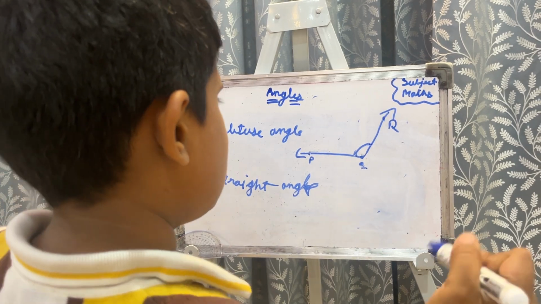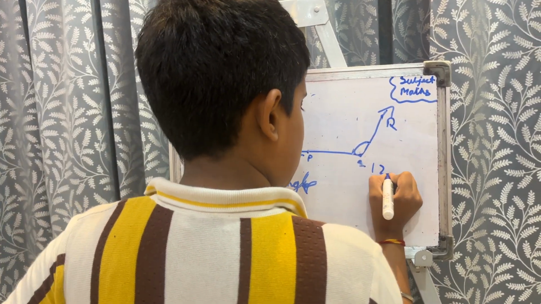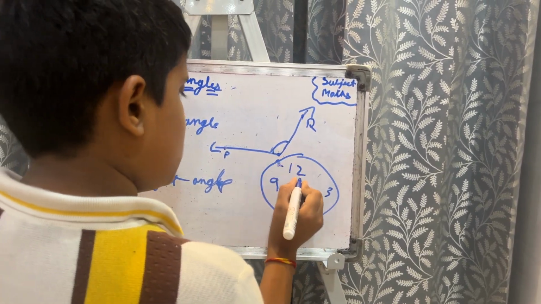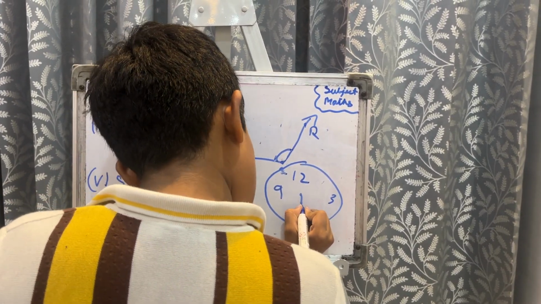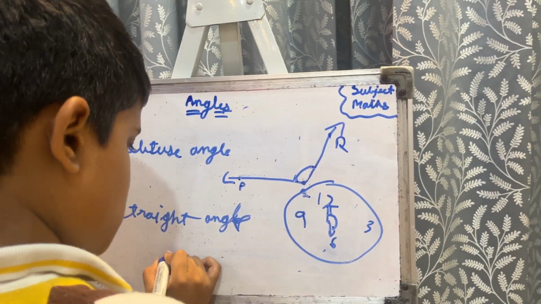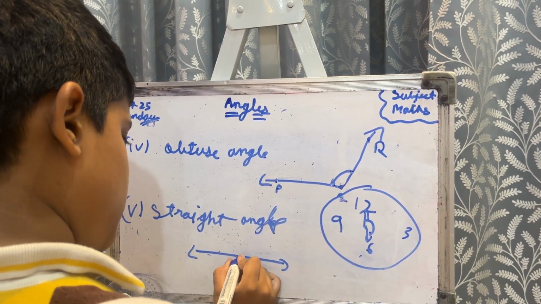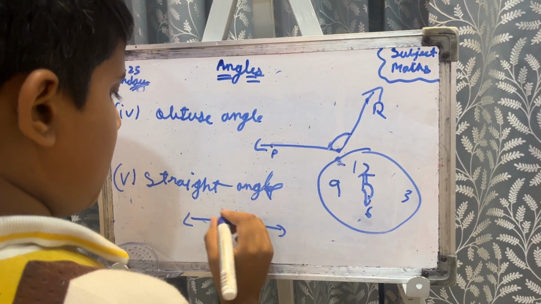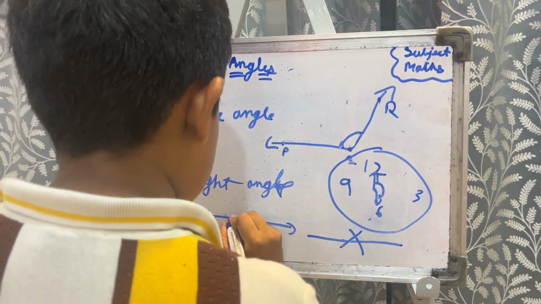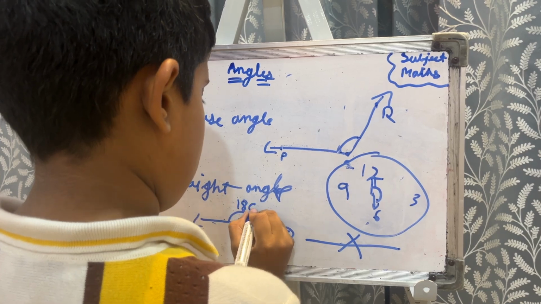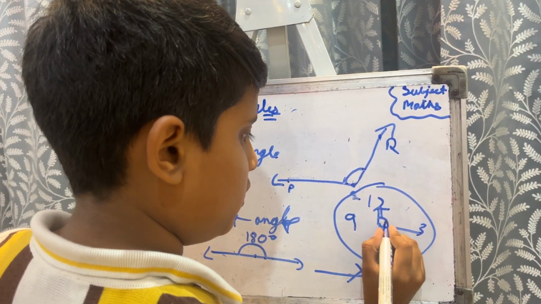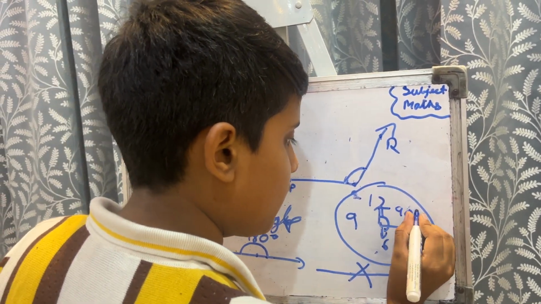If you have seen a clock at 6 o'clock, it's making this angle. So in a straight angle there is a point in between, and it makes a fixed 180 degrees. If it's on 3, it's making a fixed 90 degrees. Understood?